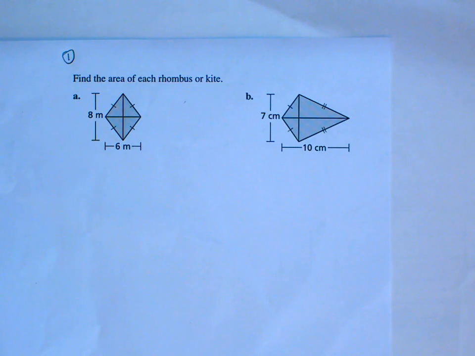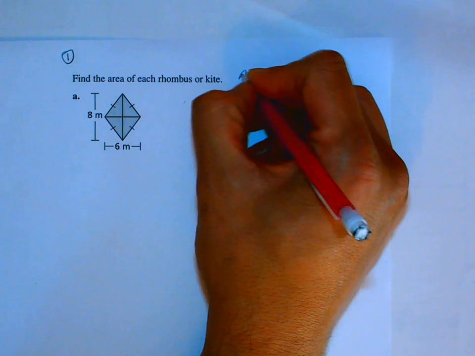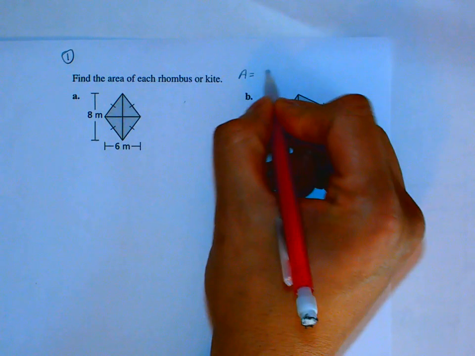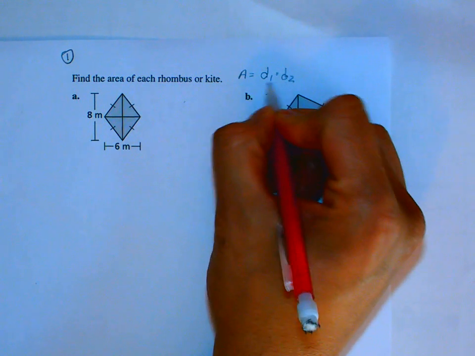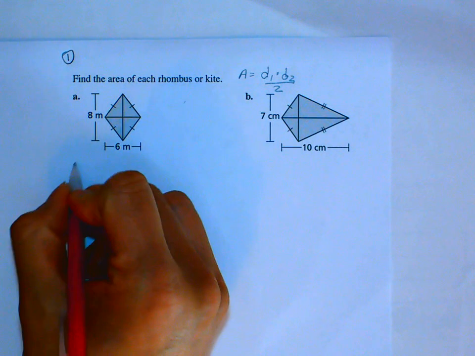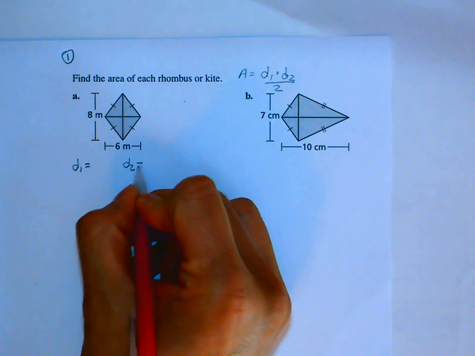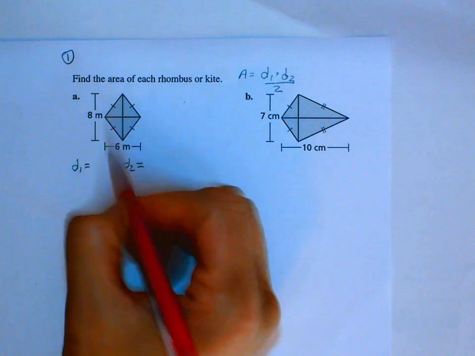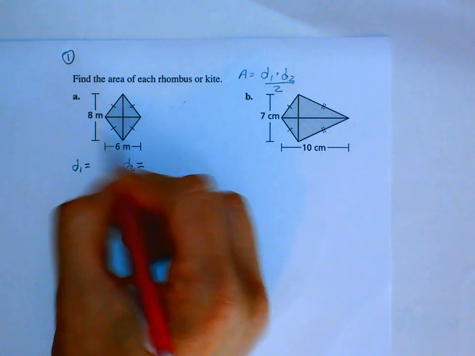So here's the first example. Find the area of each rhombus or kite. Now, remember, the area of a rhombus or a kite is equal to the product of its diagonals, all divided by 2. So in this case, we need to find out what those diagonals are. It doesn't matter which one you call diagonal 1 or diagonal 2. This distance from here to here is 8 meters.